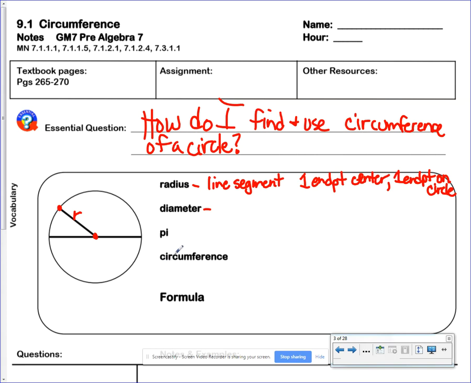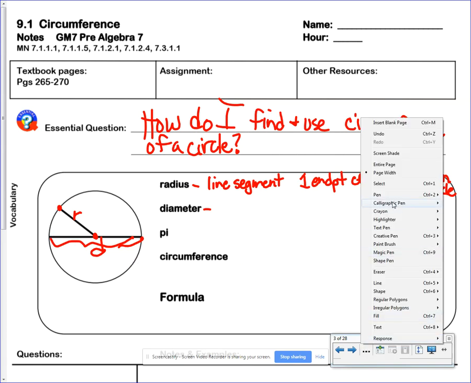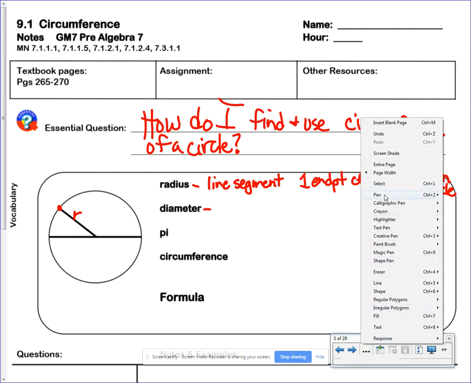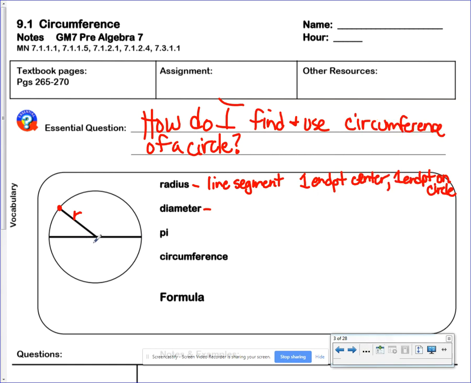How about diameter? Do you remember what diameter is? That is all the way down there. That's diameter, the whole thing. In fact, maybe instead of me trying to draw some crazy weird bracket here, how about if I do it this way? Call this D, and it goes from here to here.